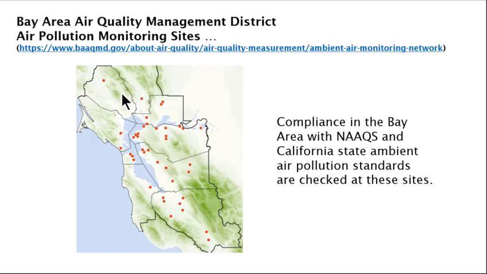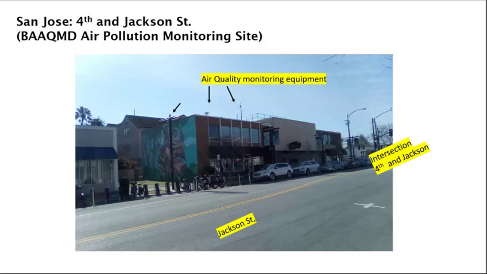Seen here by the red dots on this map are the stations operated by the Bay Area Air Quality Management District. There are many monitoring sites around the Bay Area. The local air quality monitoring station in San Jose is at 4th and Jackson Street in Japantown, close to San Jose State University.